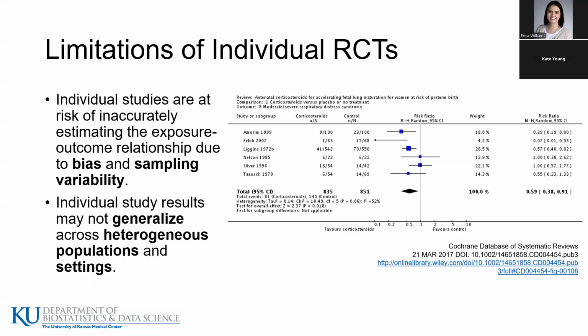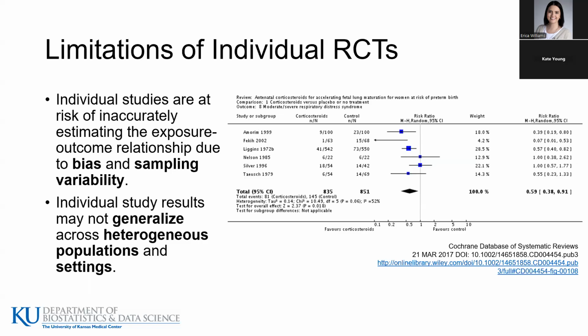So we can see that some of these trials demonstrated effectiveness of the corticosteroids by reducing the risk, while some did not. So the last three did not. This also displays the confidence interval. So if the confidence interval crosses this line at 1, there's not a statistically significant effect.